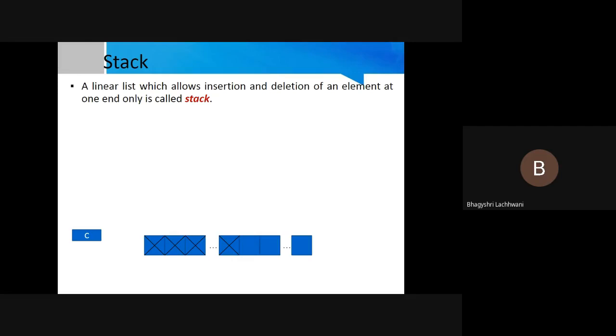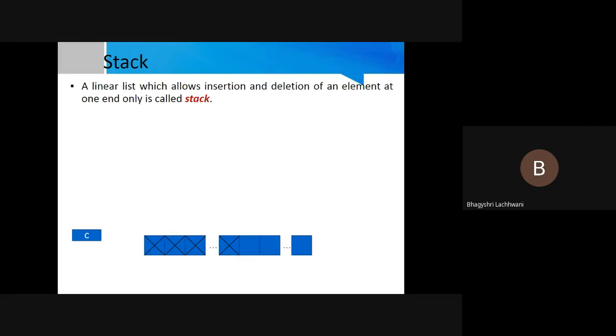Why? Because there is only one gate. Entry and exit will be from the same gate only. So the person who came inside last has to go outside first. The fifth person will go first, the fourth person will go second, the third person will go third, the second person will go out fourth, and the first person will go last.